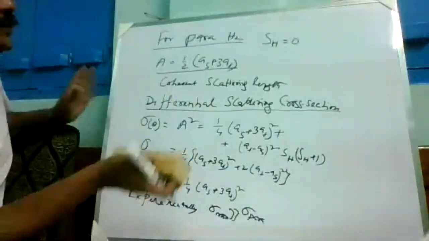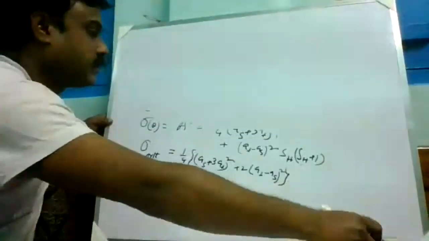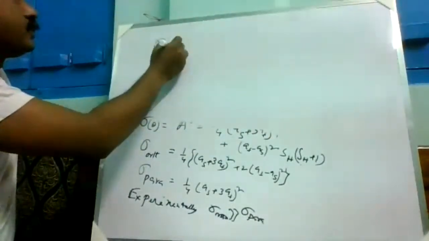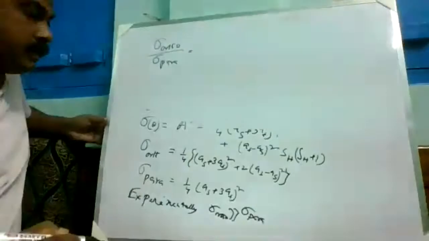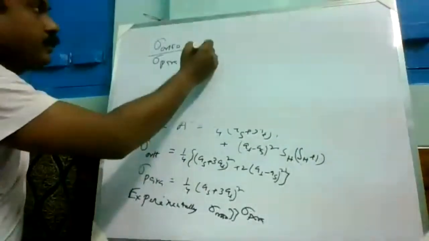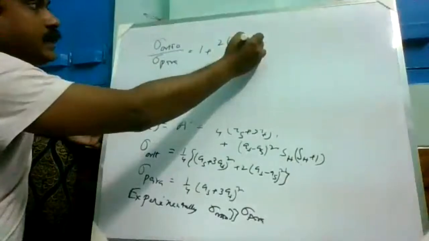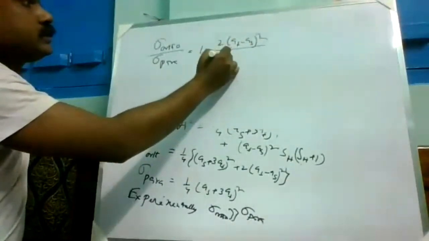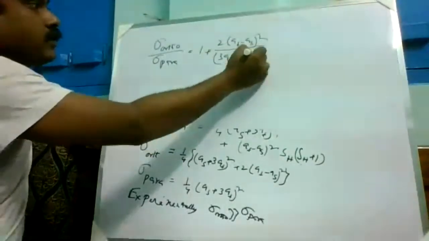If we take the ratio, then the ratio sigma ortho by sigma para comes out to be 1 plus (80 minus S) square by (380 plus S).